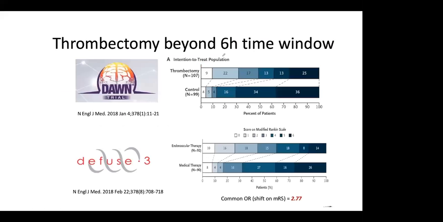As you can see, based on the primary outcome, those randomized into the thrombectomy group show a more favorable outcome in terms of modified Rankin scale score at 90 days.